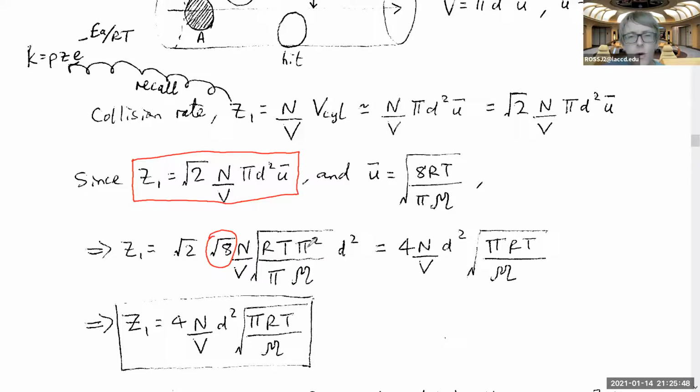Where did this pi squared come from? Well, we effectively want to move this pi into the root. So this pi here, we actually want to merge into that square root. So we want to take the 8 out, and we want to put the pi in.